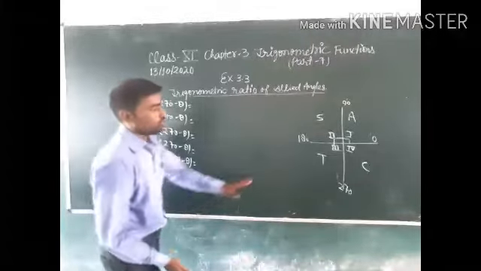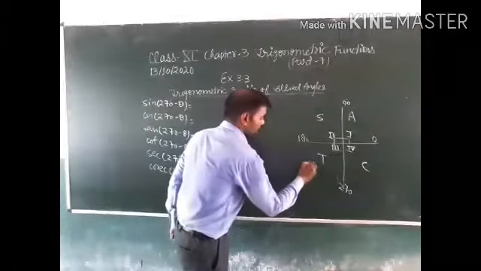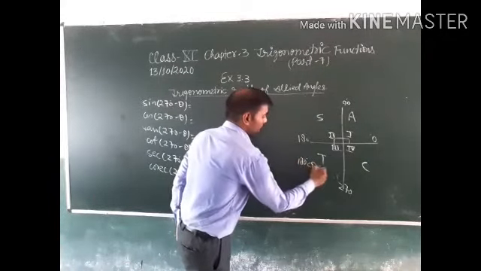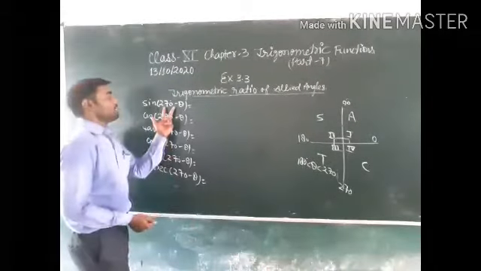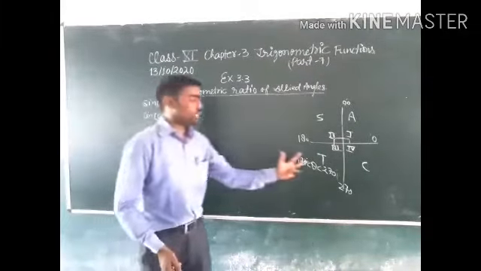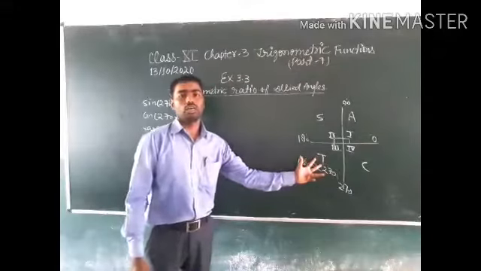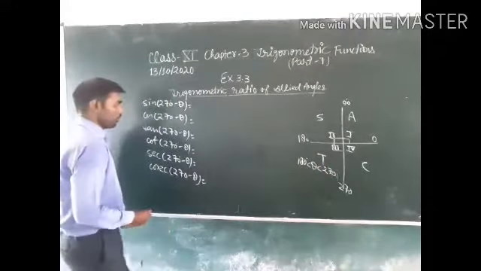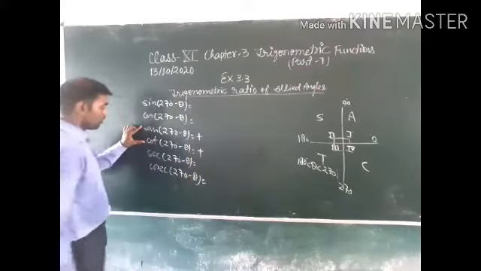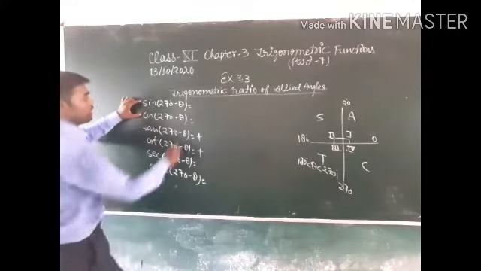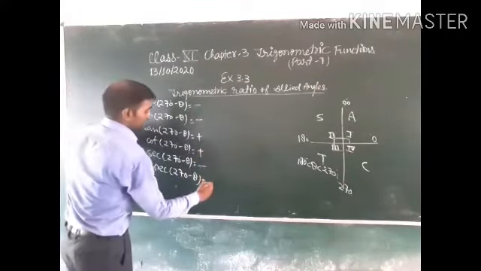So in the third quadrant, theta is greater than 180 and less than 270 degree. It means 270 minus theta belongs to the third quadrant, and there tan and cot are positive, so you take positive sign for tan and cot, and other trigonometric functions are negative.